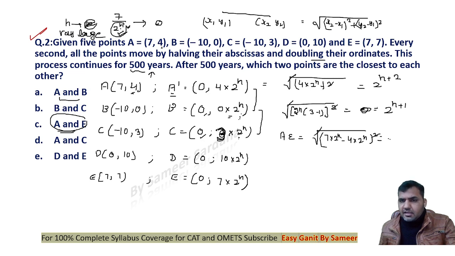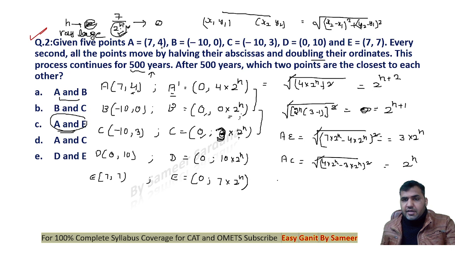This gets cancelled and this is 2 power n, 7 minus 4 is 3. This is 3 multiplied by 2 power n. Then if you look at the distance between A and C, it is again the square root of x2 minus x1 square and y2 minus y1 whole square, right? This gets cancelled. This will be 2 raised to power n.